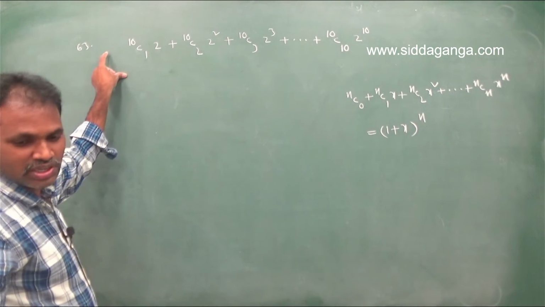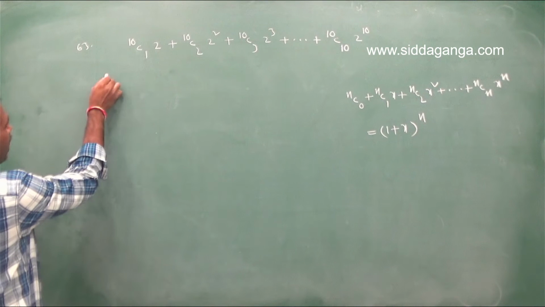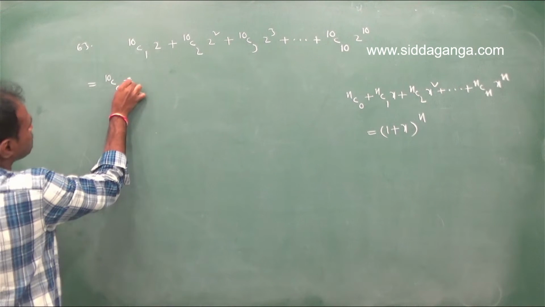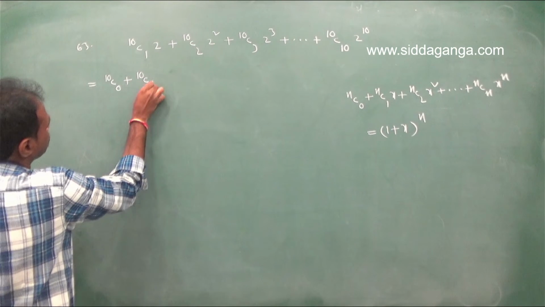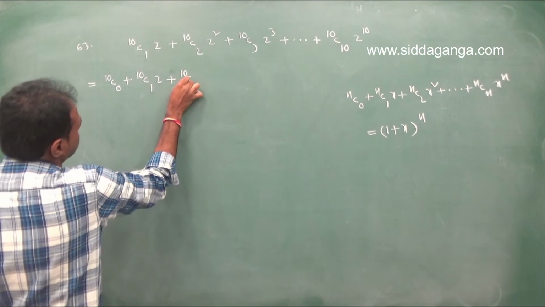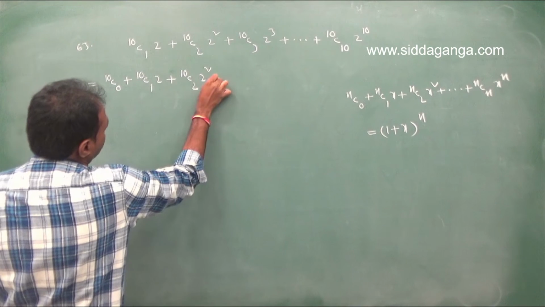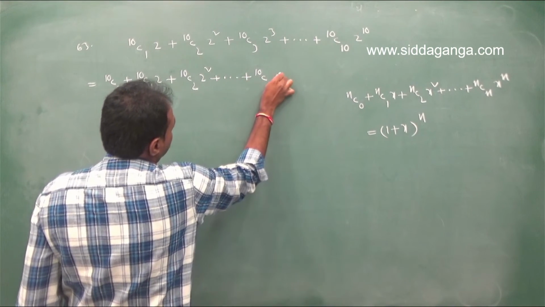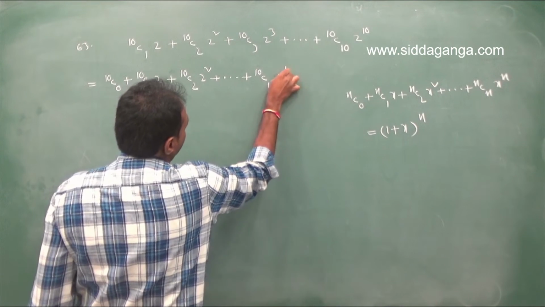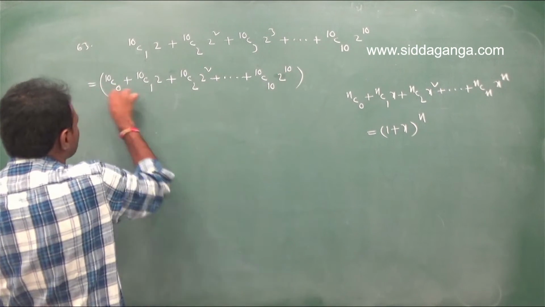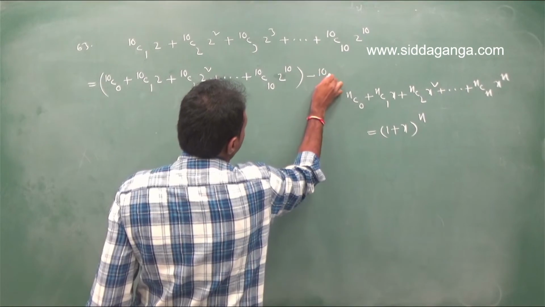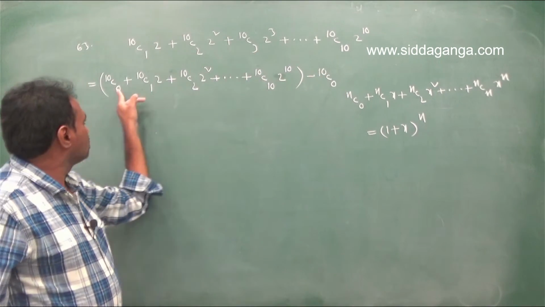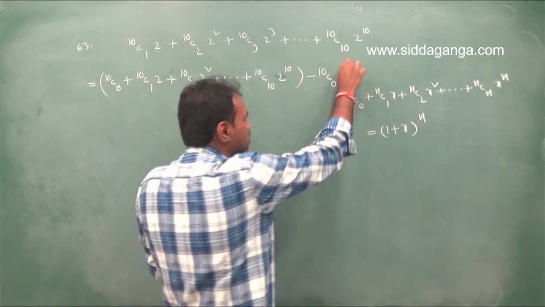Here the first term 10C0 is not there. Therefore add 10C0 and subtract 10C0. Up to 10C10 2 power 10, minus 10C0. Just added 10C0 and subtracted 10C0.